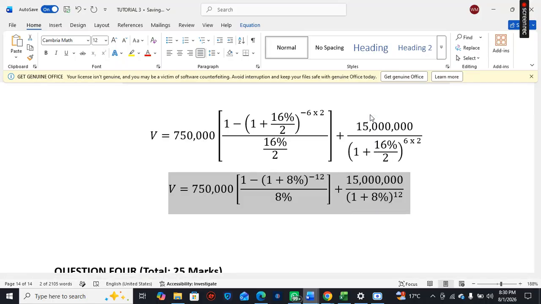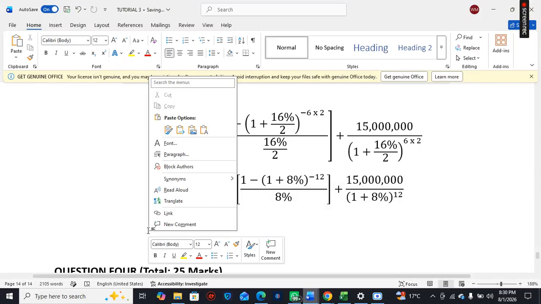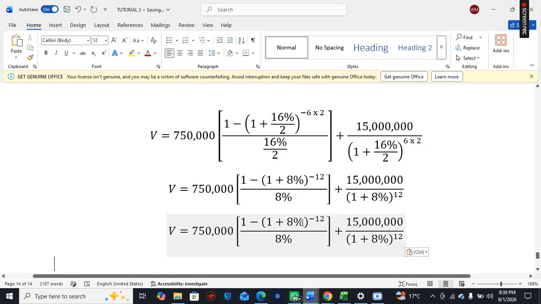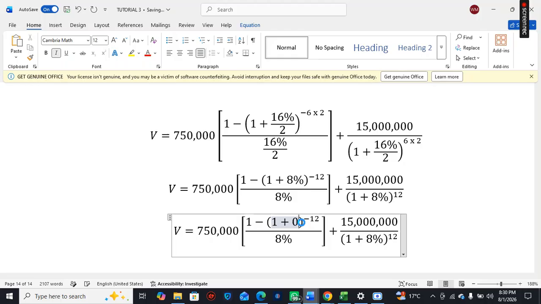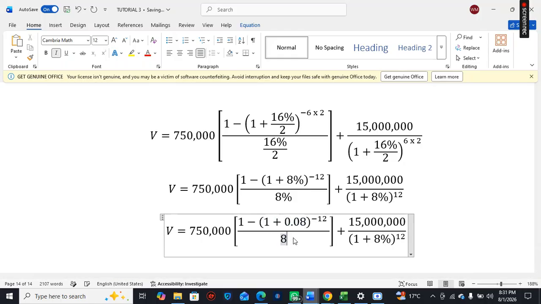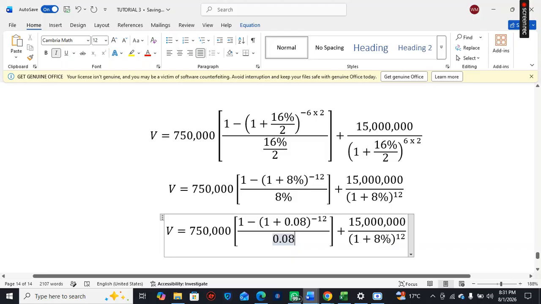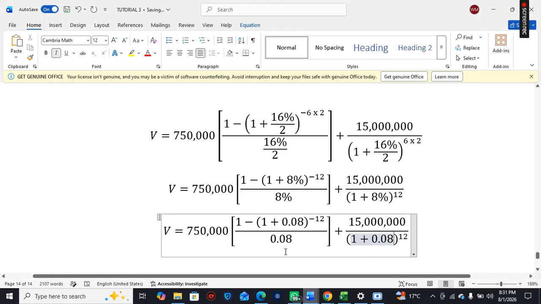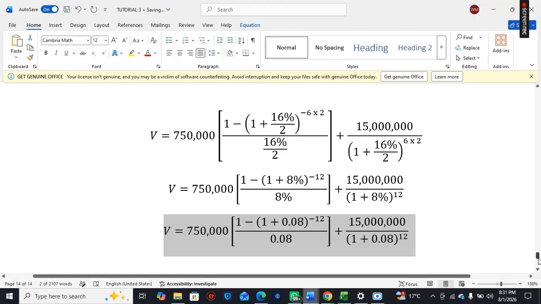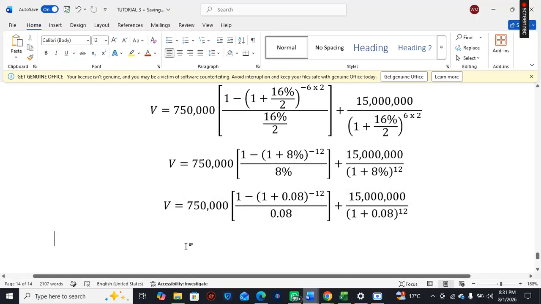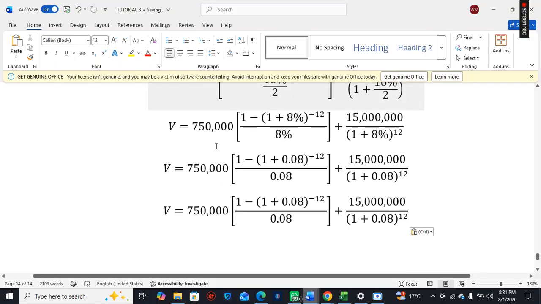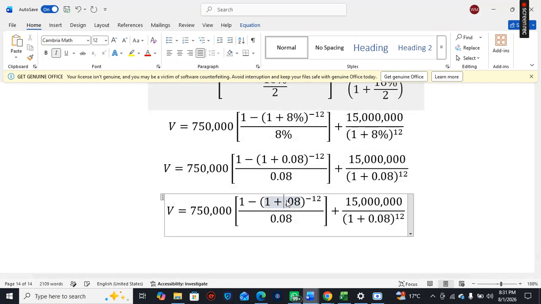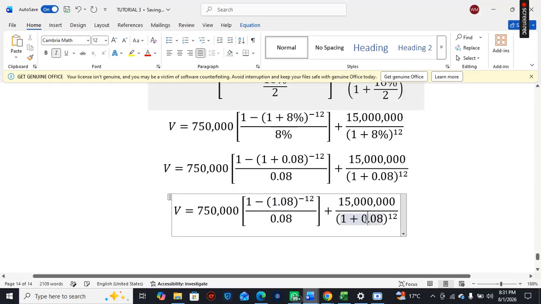Okay, we convert the percentage into decimals, 0.08. One plus 0.08, 1.08.